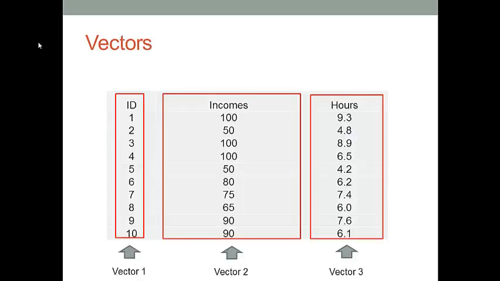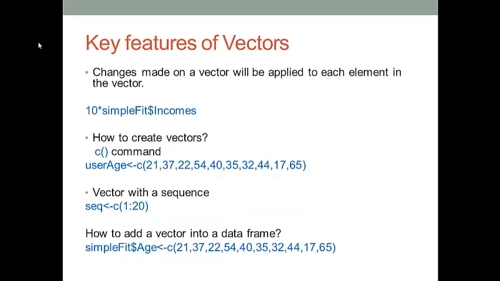Each column in a data frame is called a vector. What are the key features of vectors? How can we access vectors stored in a data frame? Let's see some examples. If you want to access a vector in a data frame, you use a $ sign.